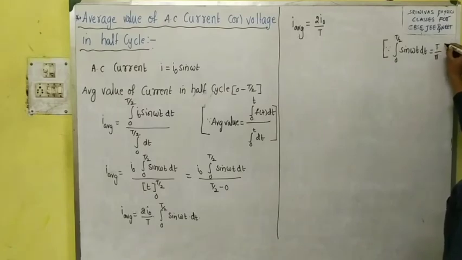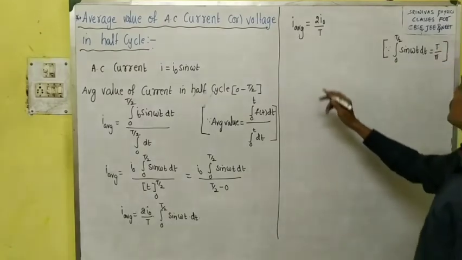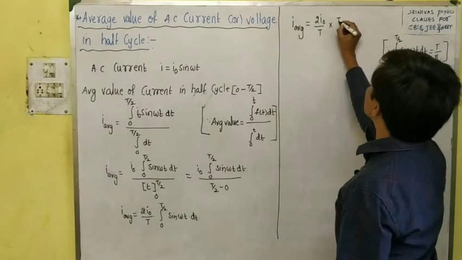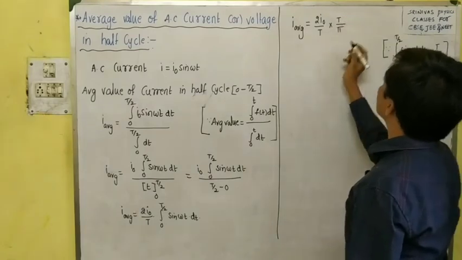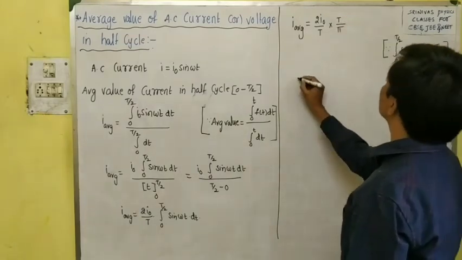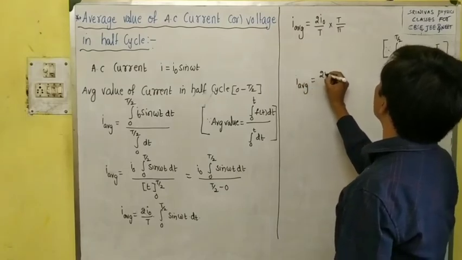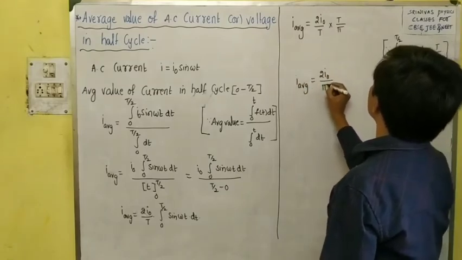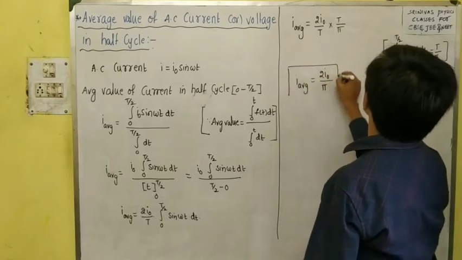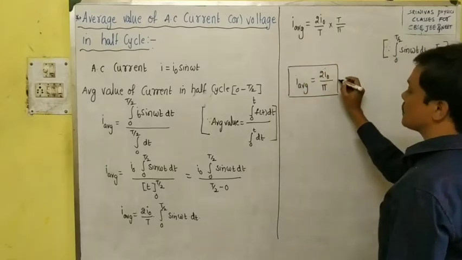Substituting T by pi, you will get the average value of current as 2 I naught by pi. This is the formula for the average value of current in half cycle.